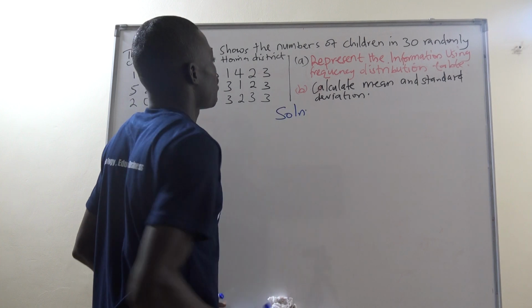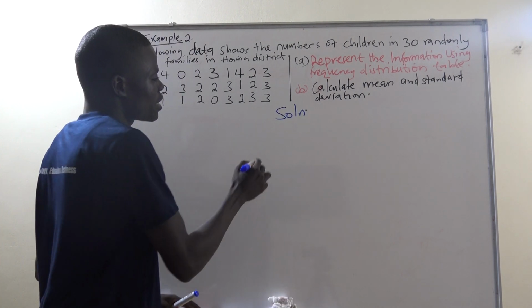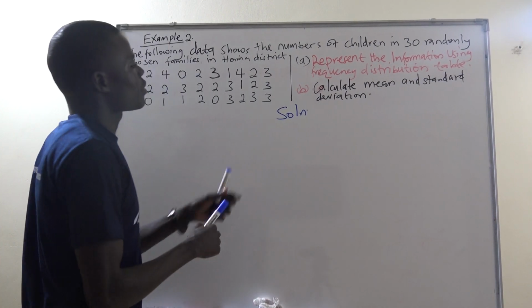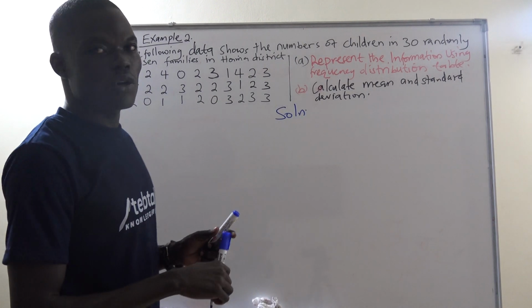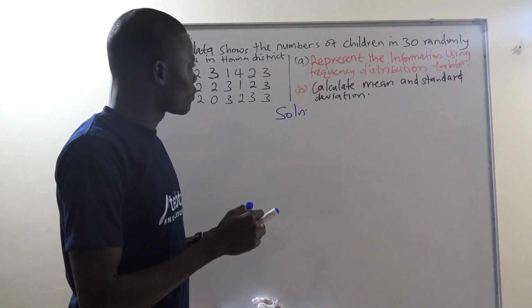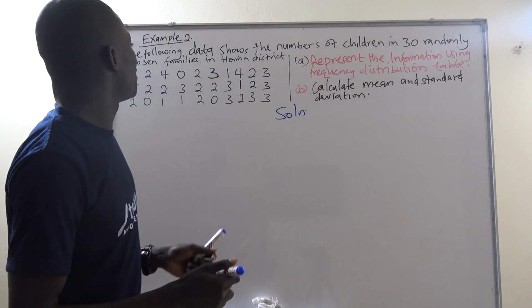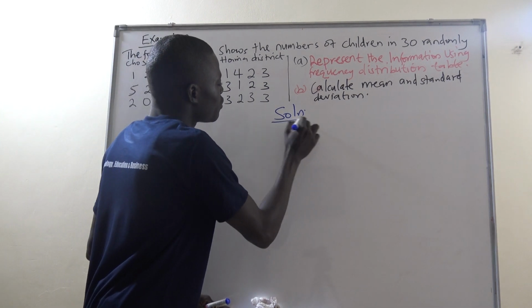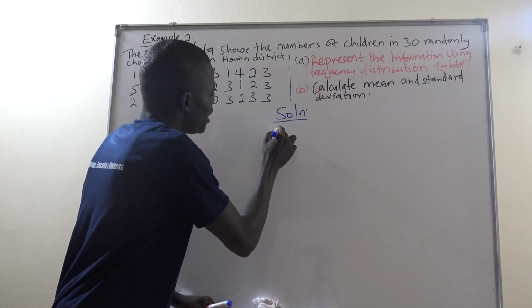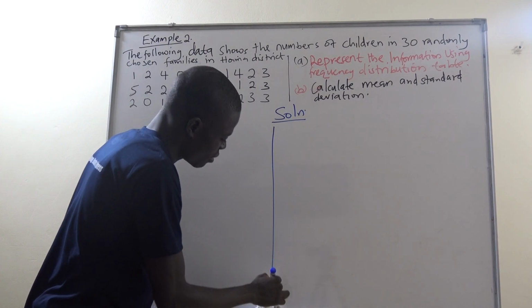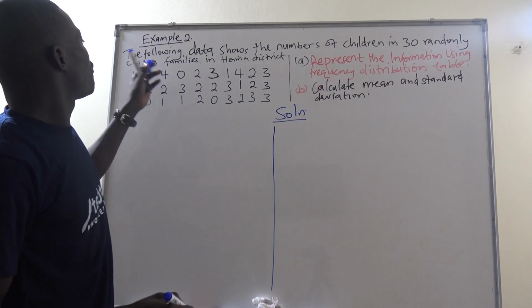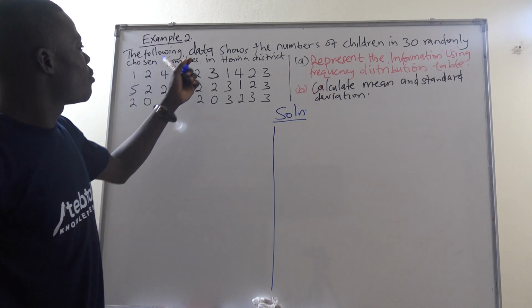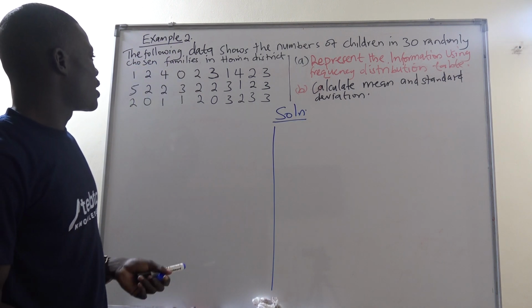Solution. We are going to start with the first question, which is representing the information on the frequency distribution table. The information is for the number of children in given families which are chosen at random in Oima district.